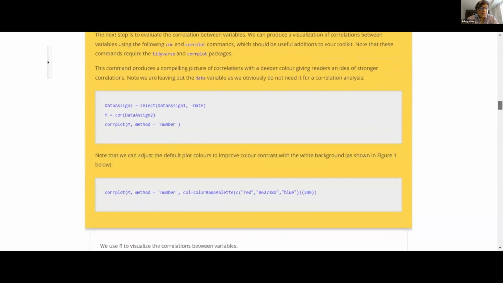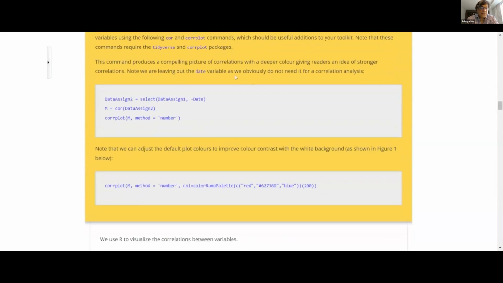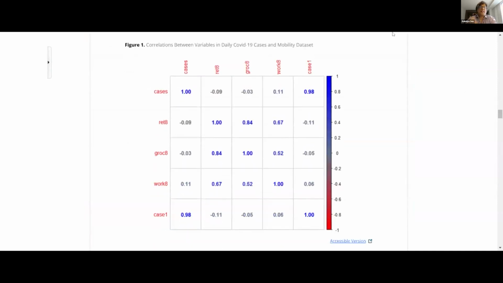Now, I will again use the cor plot command, which I showed you earlier. Let's take a look at the output. Here we have cases, and we want to see what mobility variables are correlated with cases. Unsurprisingly, cases today are very highly correlated with cases yesterday.